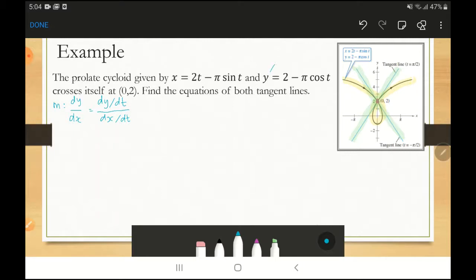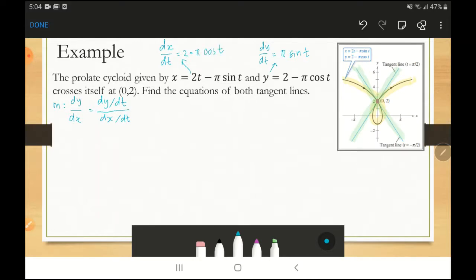Let's see here, let me use it here. So dy/dt is the first derivative of this. Derivative of 2 is 0. Derivative of negative pi cos t will be pi sin t, right? And now we find this derivative dx/dt: derivative of 2t is 2, derivative of pi sin t will be negative pi cos t.